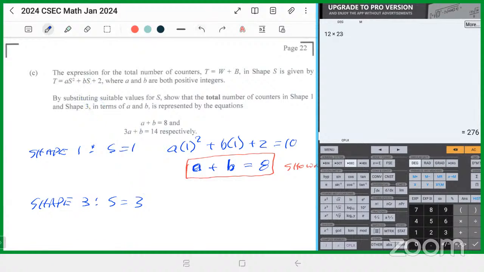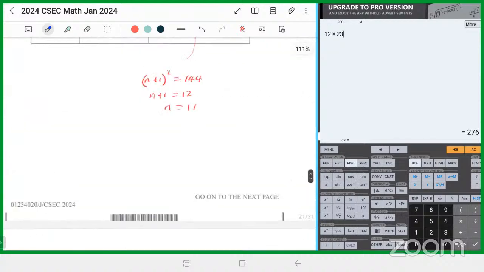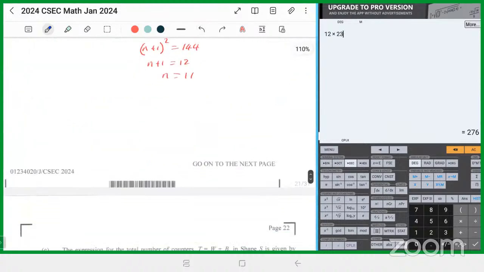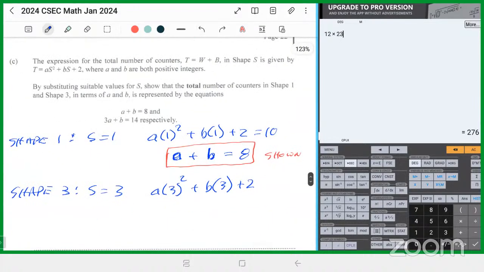So it's going to be 8 times 3 squared plus b times 3 plus 2. And the total in shape 3, what is it again? This is shape 3, it is 44. So I'm going to put this equal to 44. I just need to simplify this now to get this equation.